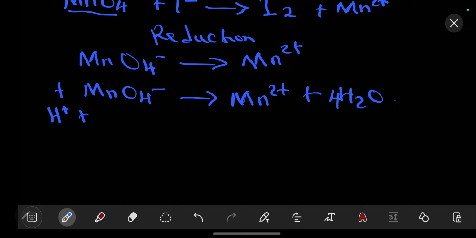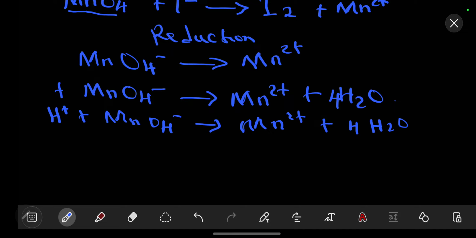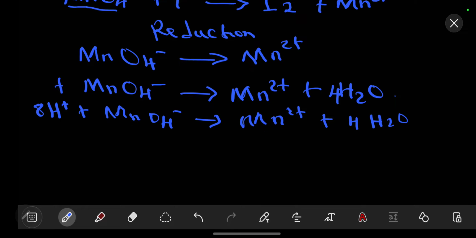So we have H plus, plus MnO4 negative, becoming Mn2 positive plus 4 H2O. Since there are 8 hydrogens this side, I also need to add an 8 there. That is how I first balance the hydrogens and the oxygens.